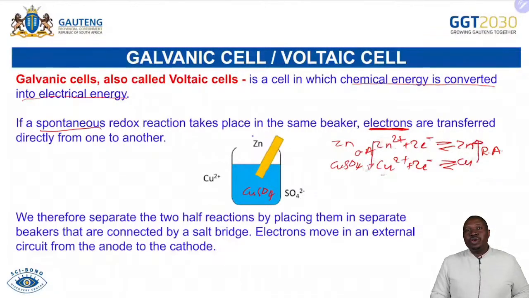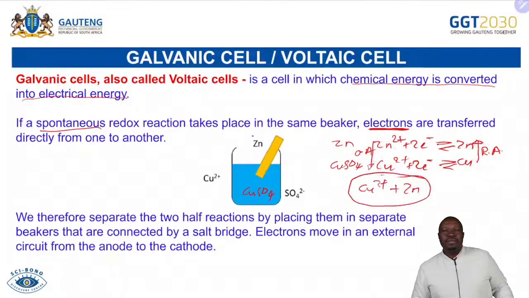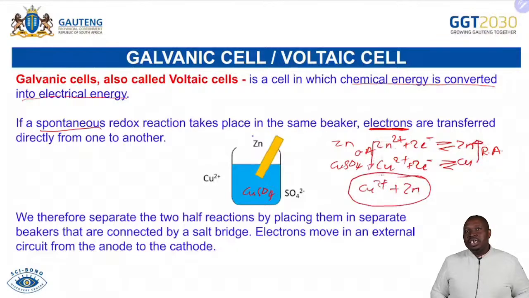The arrow shows you which one is strong. As you go downwards on table 4b, you find strong oxidizing agents on the left. So the reaction is between Cu2+, and on the right the strong reducing agent is zinc. And we're saying these two, when they react together, will have a spontaneous reaction.